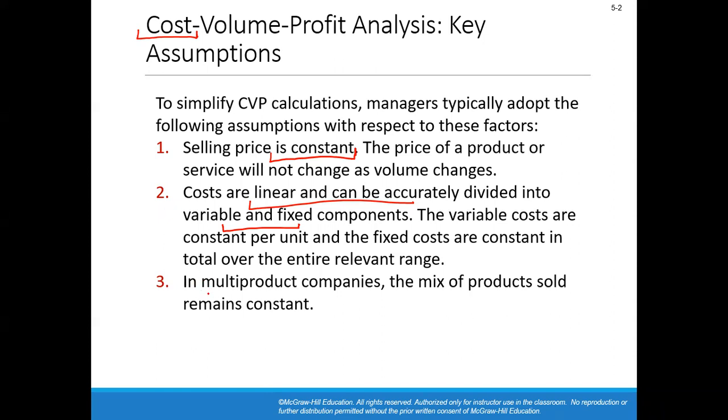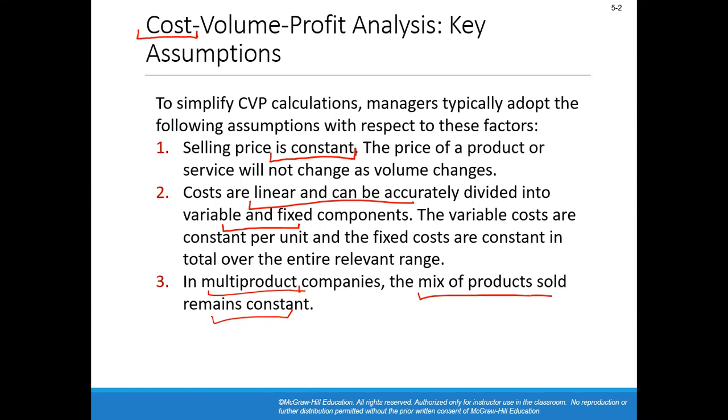If you are analyzing a company which does business in multiple products, in that case, the mix of products sold remains constant. What does it mean?